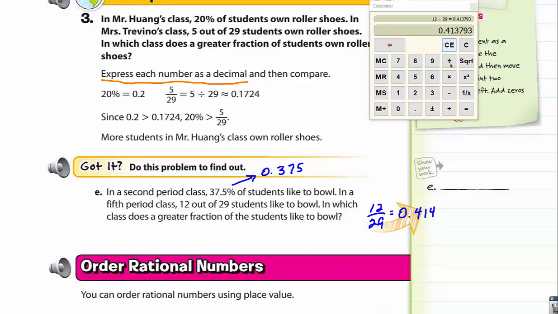So I've got 0.414. And then I'm comparing those. So I know that the one that had 12/29 is the greatest. So this is the class. Fifth period is the class with the greatest fraction of students who like to bowl.